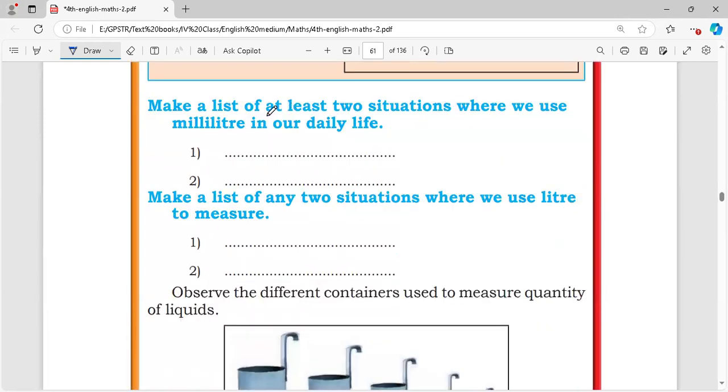Make a list of at least two situations where we use milliliter in our daily life.